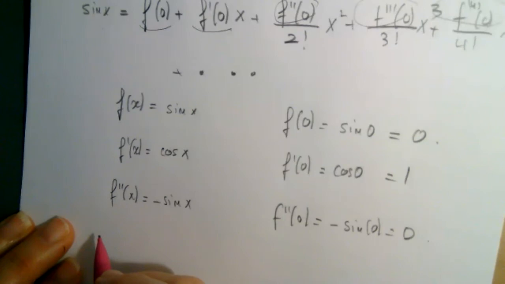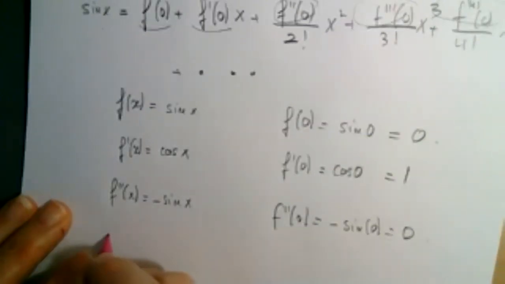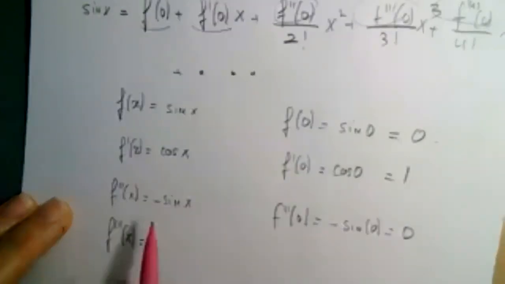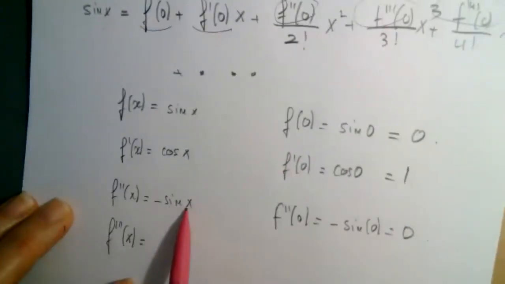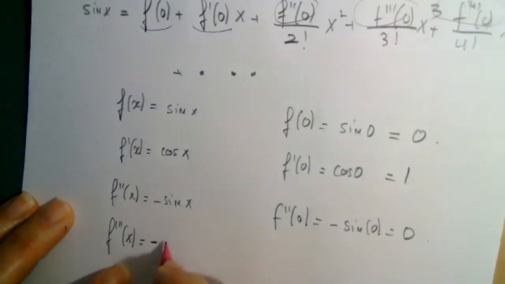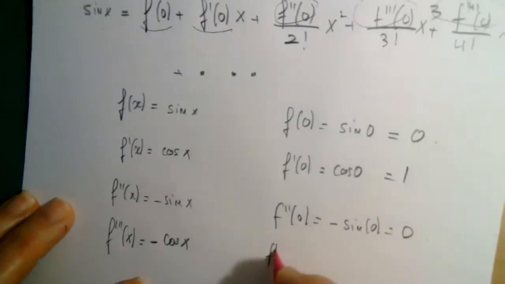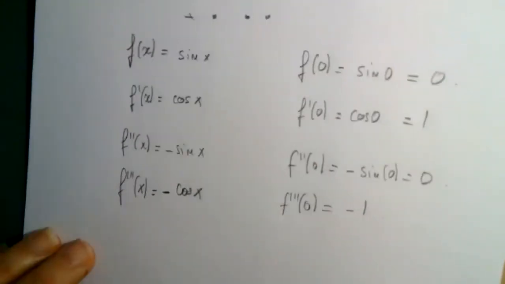Is that clear? When you're bored, stop me. Tell me you don't need to compute anymore. Now, what's the third derivative? The derivative of minus sine is minus cosine of x. So at 0 it is minus 1.